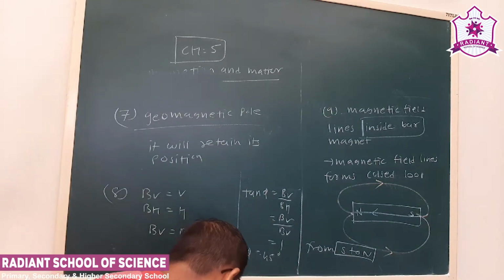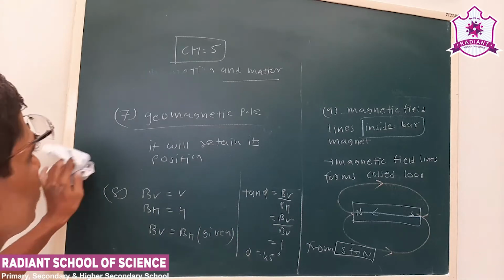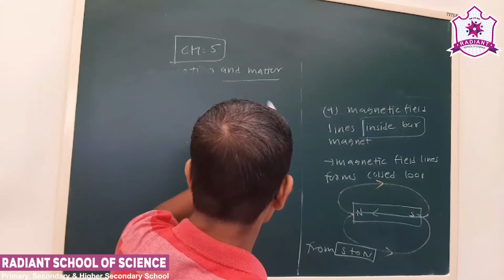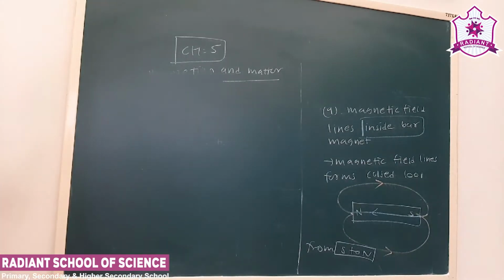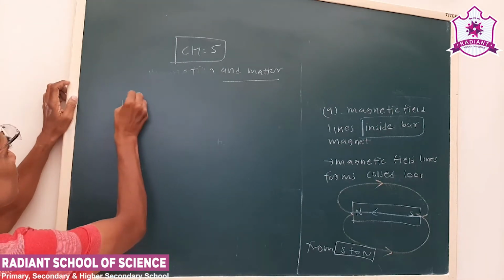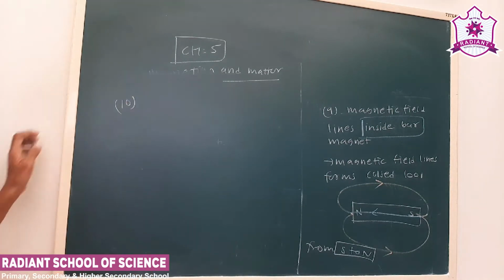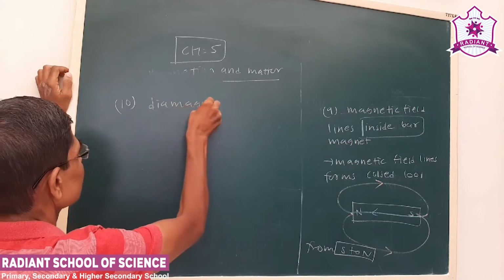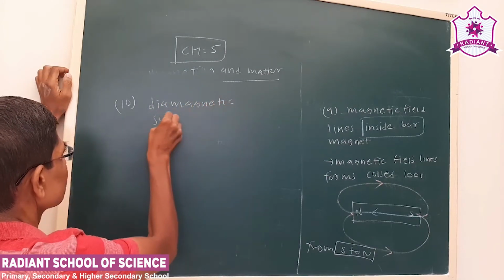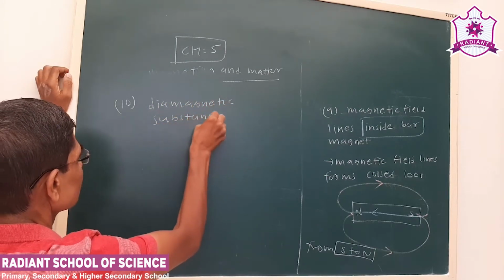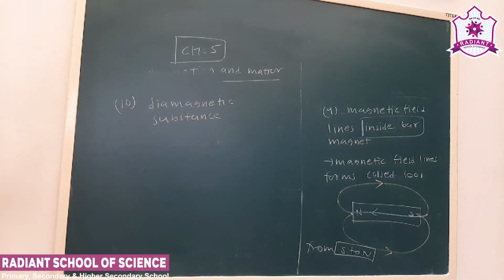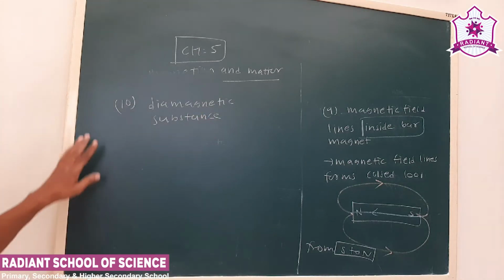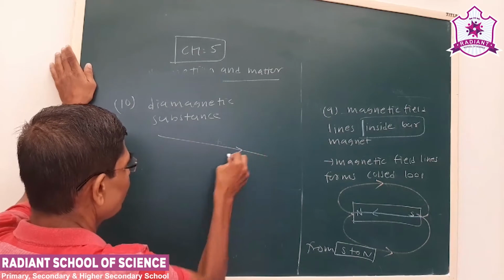Now see our next MCQ, that is MCQ number 10. A diamagnetic substance is placed in a non-uniform magnetic field.